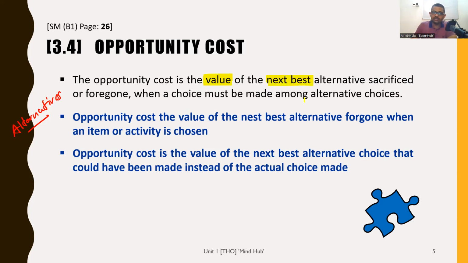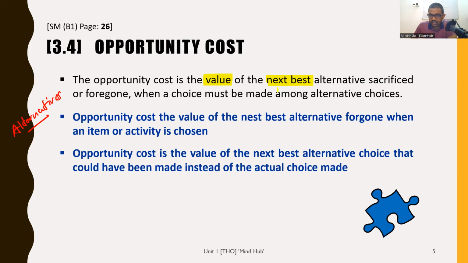Opportunity cost is never everything we give up, because we have to be logical and practical here. When we make a decision, when we choose something, while we select one thing, we might give up many things. Practically, we will not be able to do all of the things we give up.